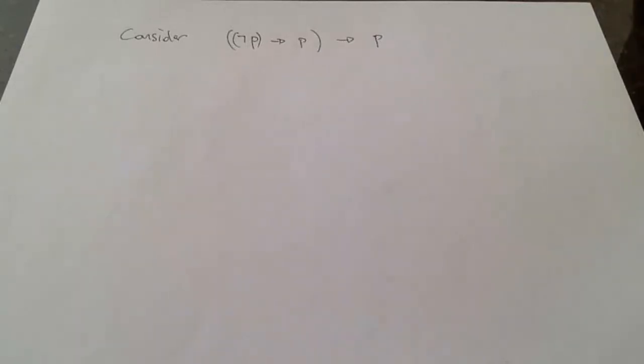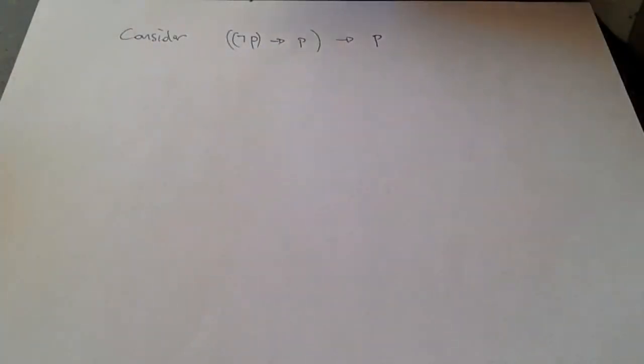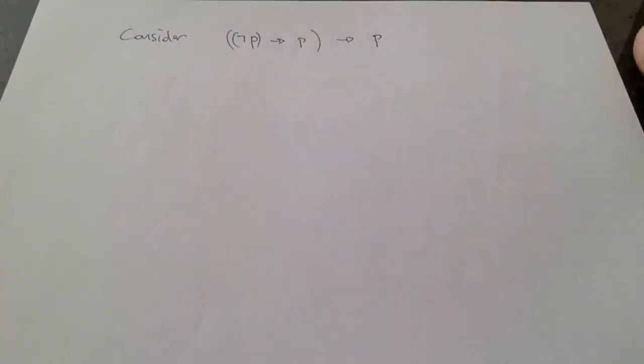How can we go about deriving this formula? So this formula is an implication, has an antecedent and a consequent. So as usual, to derive an implication, you need to assume the antecedent and derive the consequent.